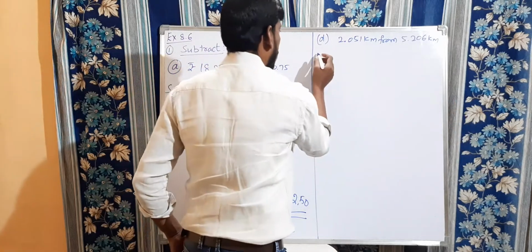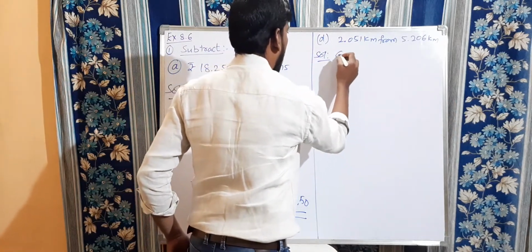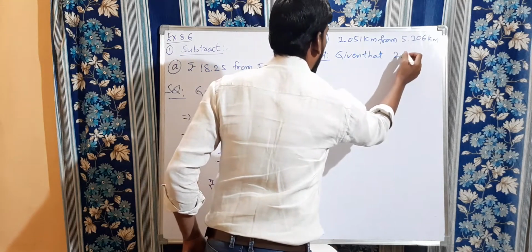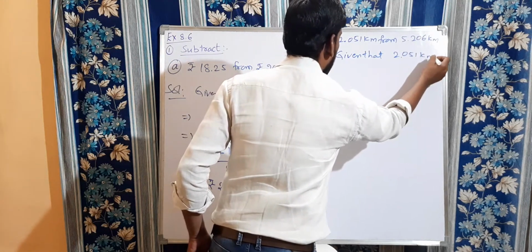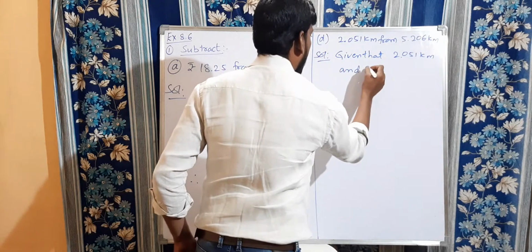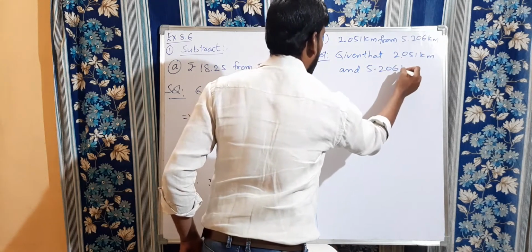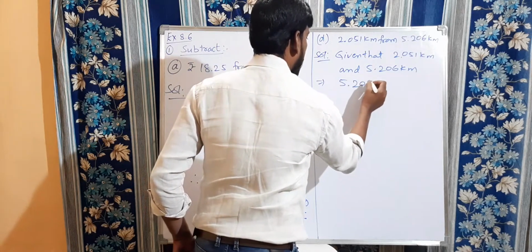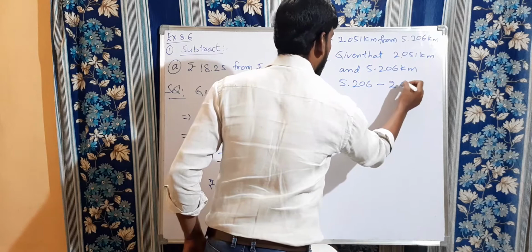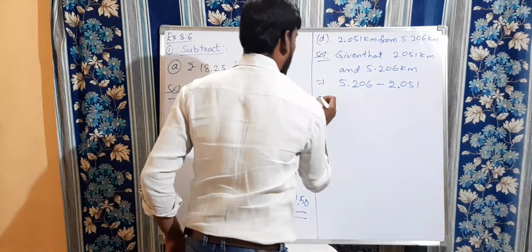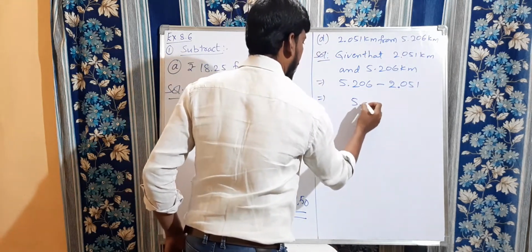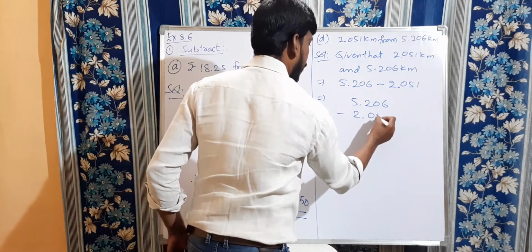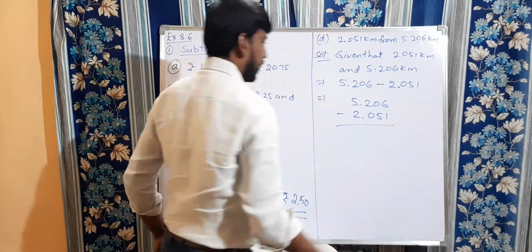So now solution, given that the values are 2.051 kilometers and 5.206 kilometers. So we need to subtract 5.206 minus 2.051. So write by using column method. Clear, children? So one by one.